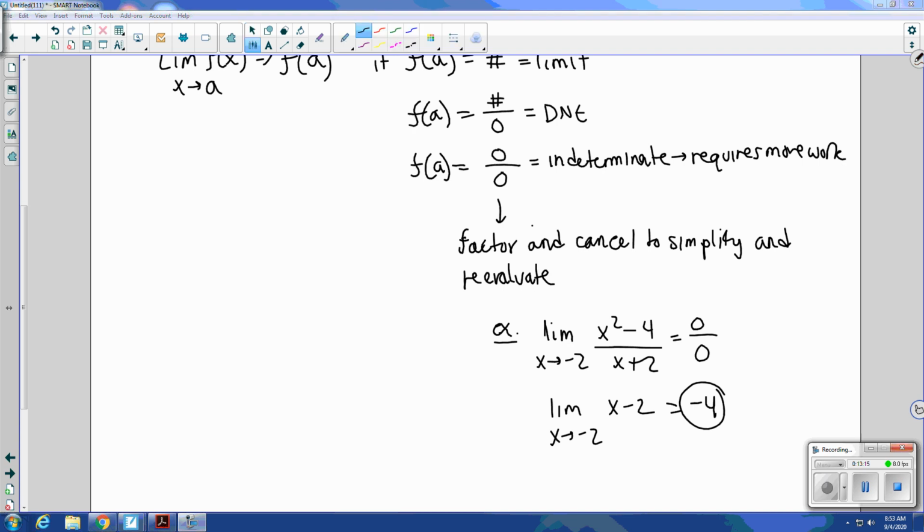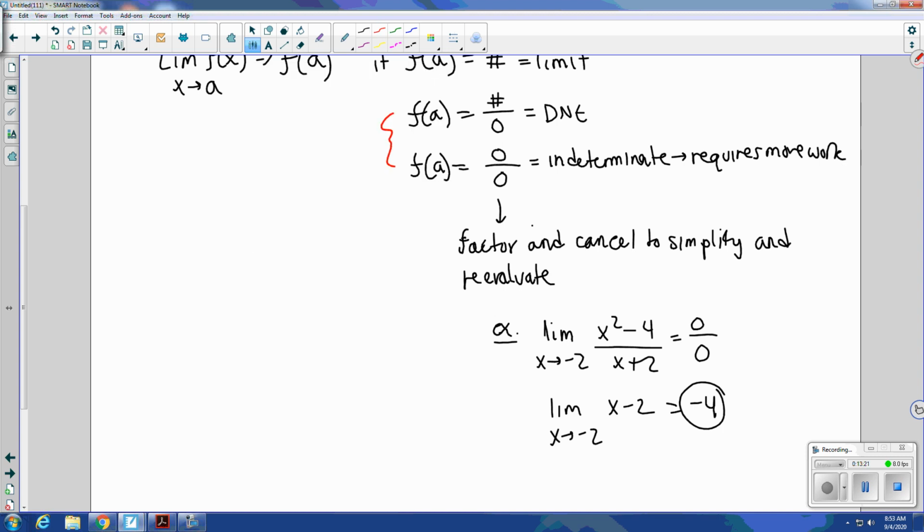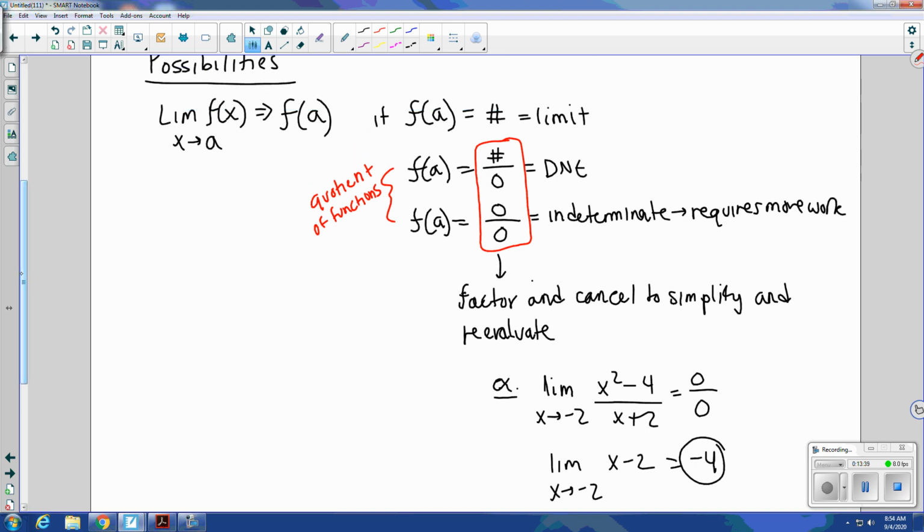So again, these last two scenarios that I presented, we'll actually section this off. These last two are going to be when we have a ratio or a quotient of two functions. We're going to look at these more specifically in a later video, where I'll cover indeterminate forms.